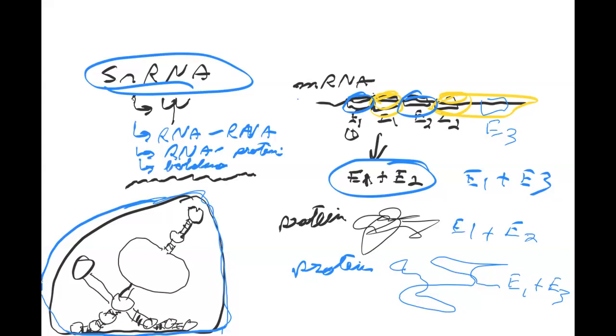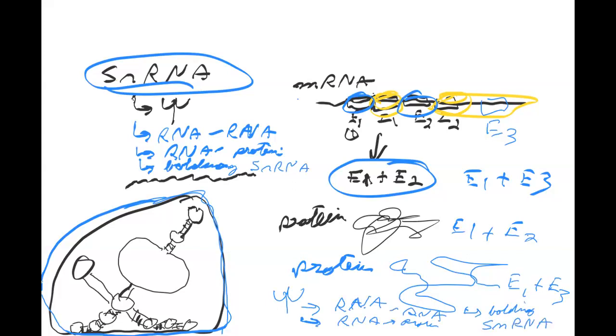The pseudouridine is helping with the folding of the snRNA. So again, pseudouridine: interaction of RNA to RNA, interaction of RNA and protein, and folding of the small nuclear RNA. Okay.